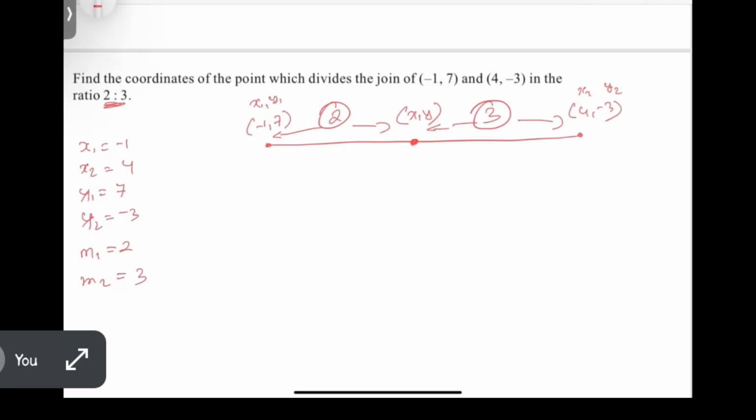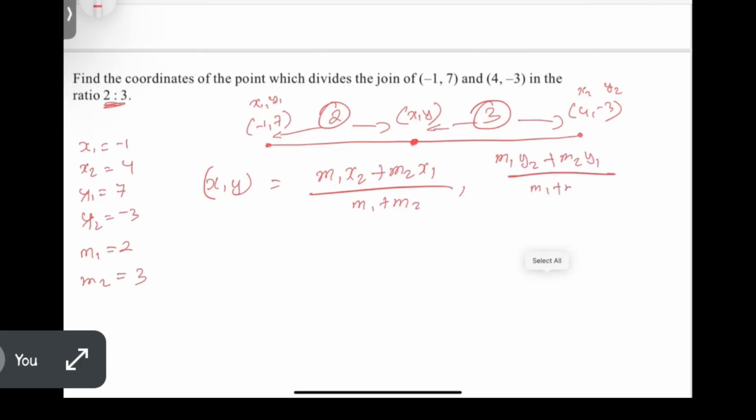The formula for x comma y is m1 into x2 plus m2 into x1 divided by m1 plus m2, comma, m1 into y2 plus m2 into y1 divided by m1 plus m2. So you put the values and get the answer.